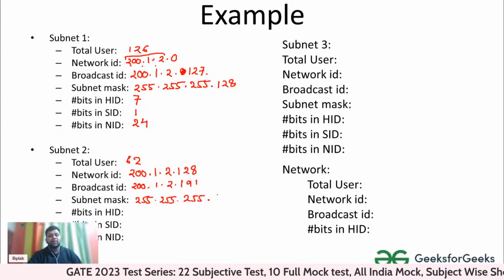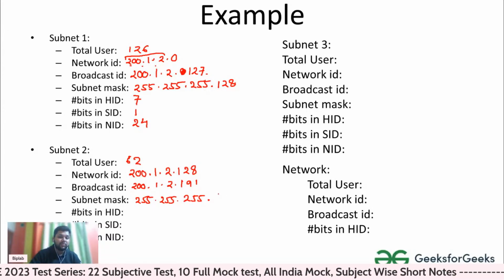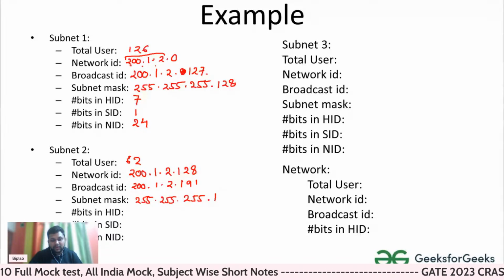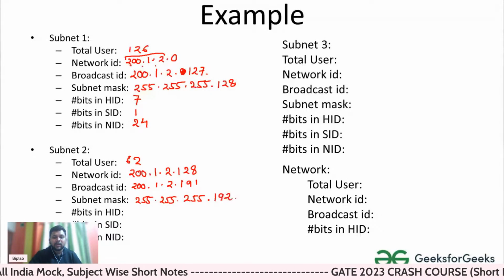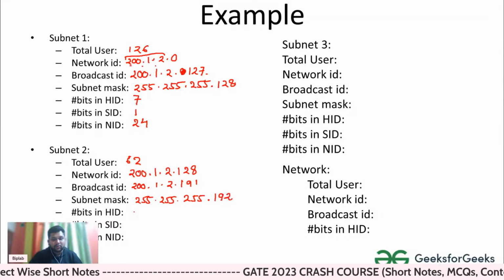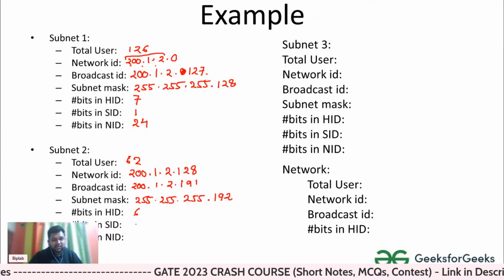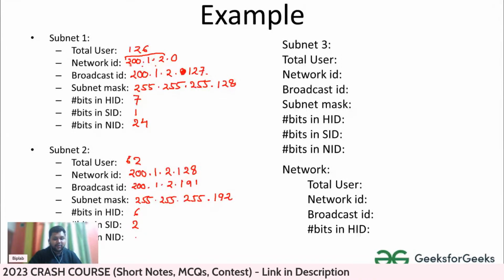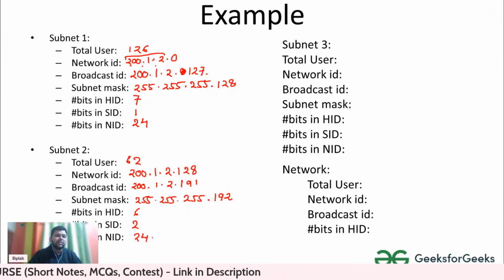Here in subnet 3 you have taken 2 bits for subnet ID. So if you put 1 in the first 2 bits, the binary number will be 192. So for host ID you have 6 bits left, you have taken 2 for subnet ID, and 24 for network ID, which was given.